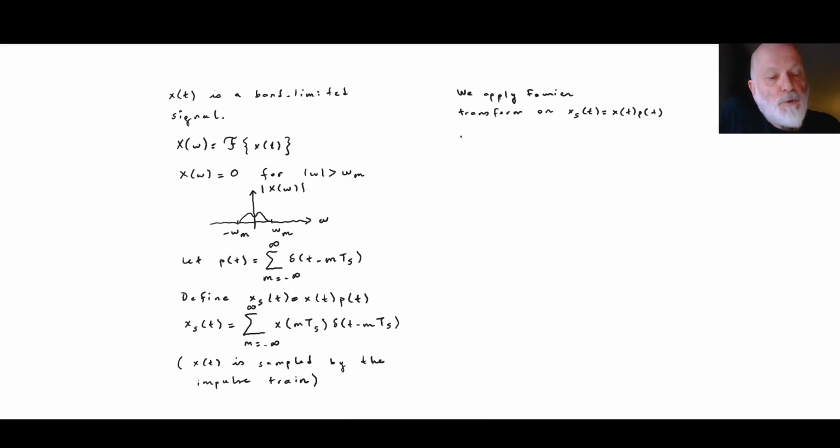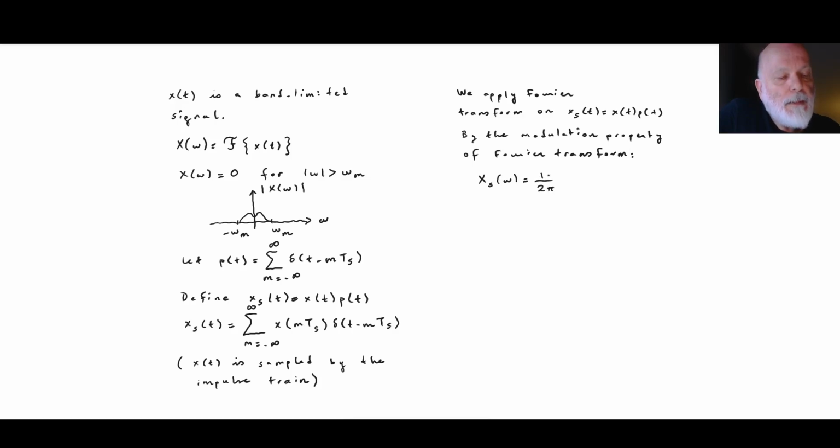So this is the modulation property of the Fourier transform. By the modulation property of Fourier transform, we have Xs of omega equal to 1 over 2 pi X of omega convolved with P of omega.